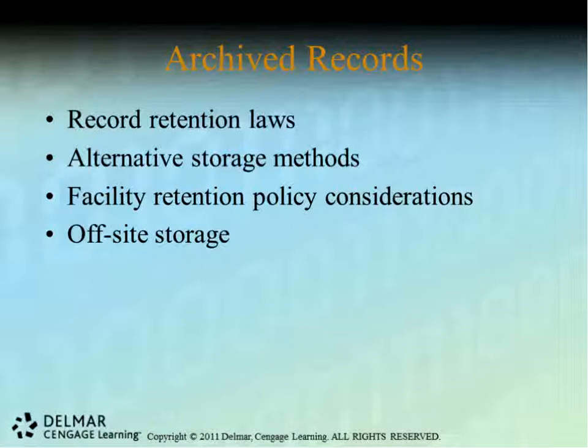All right. When you destroy records, you have to destroy them so that they cannot be reproduced. And so they have different types of destruction methods for different types of records. For a paper record, you can shred them, you can burn them, you can pulverize them into powder, all those things. If you have automated records, you can use magnetic degaussing, you can overwrite data on them.